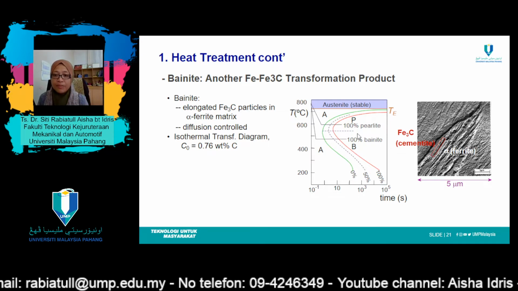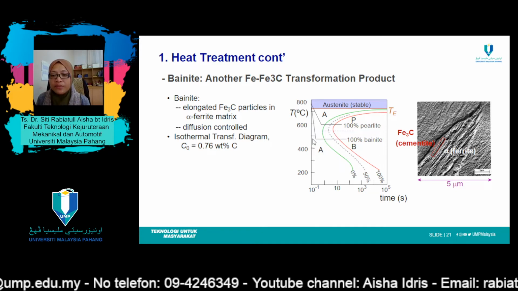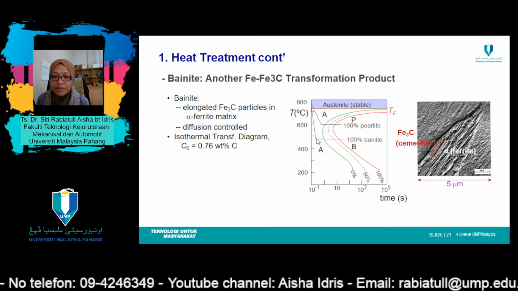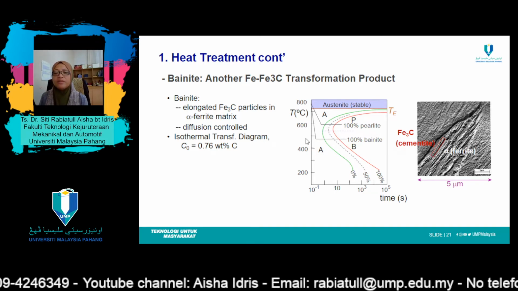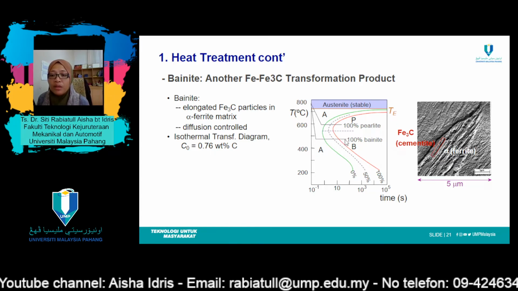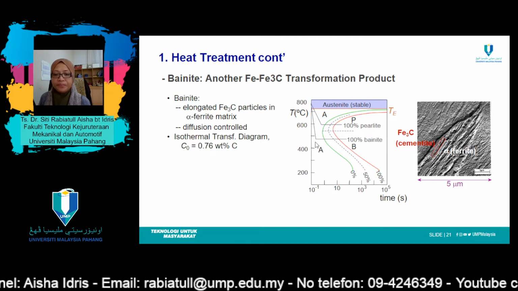That one is the same case as the previous slide just now. And for bainite, start cooling it to this temperature, for example, around 490 degrees C, and then hold that temperature until it transforms into 100% bainite over here.